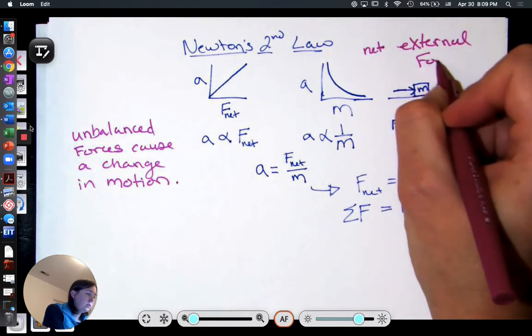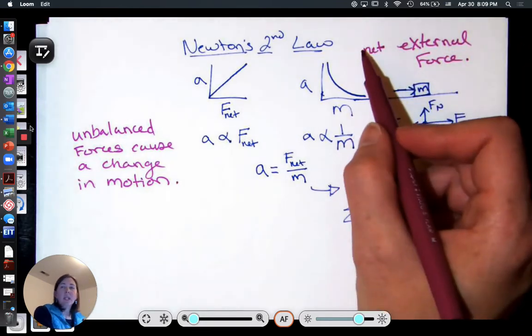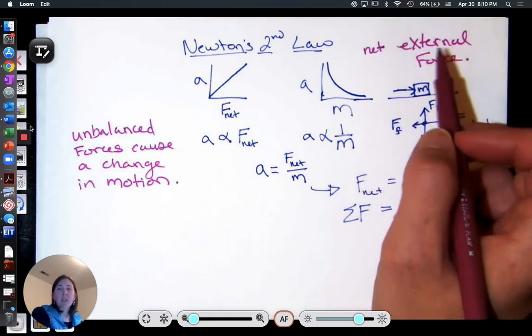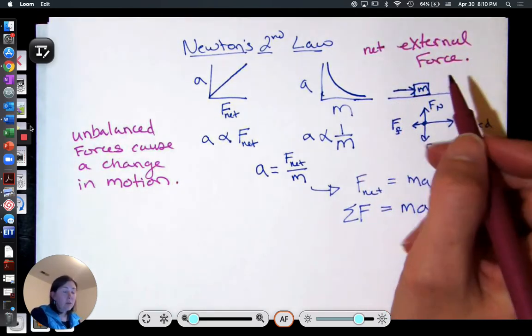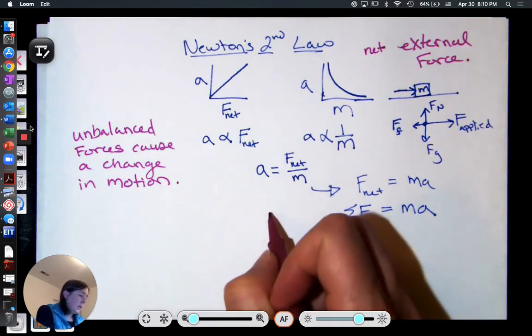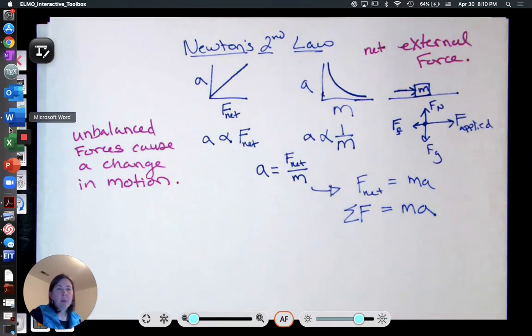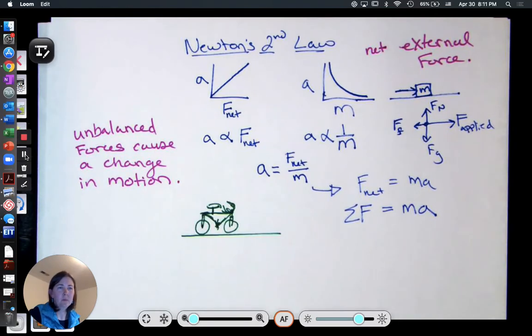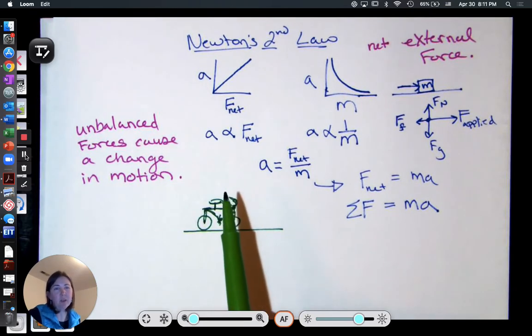Okay, I think net force is somewhat familiar to you, but what does it mean to be external versus an internal force? If I were talking about a bicycle, I'm going to pause and draw a bicycle real quick. Okay, it literally took me 5 minutes to draw this terrible bicycle. I'm so sorry.